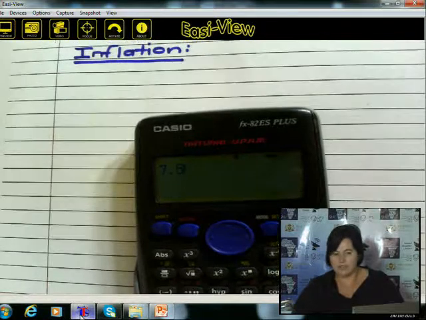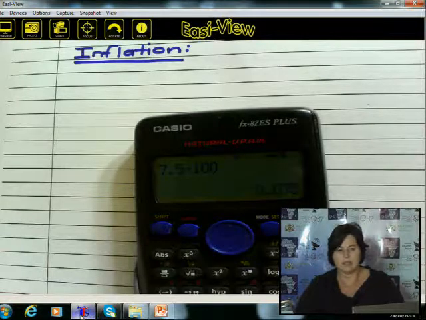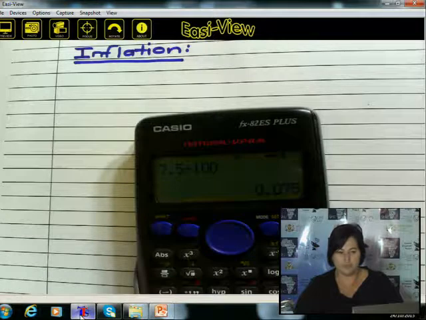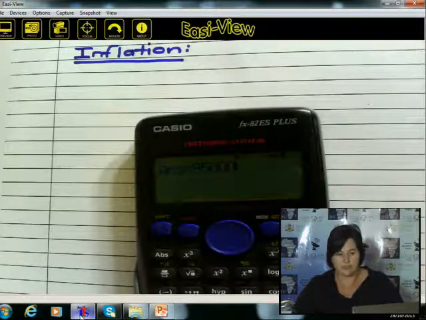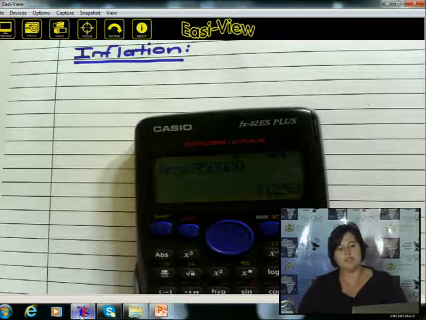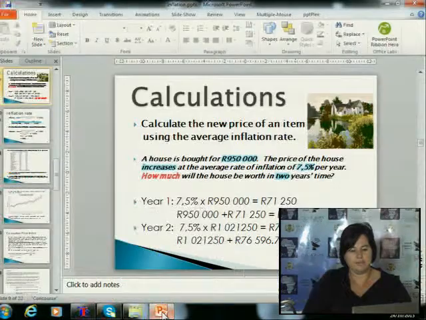So I'm going to divide it by 100, and that is equals to 0.075, multiply by my amount, what that was, 950,000, which gives you 71,250. Right, now we go back.